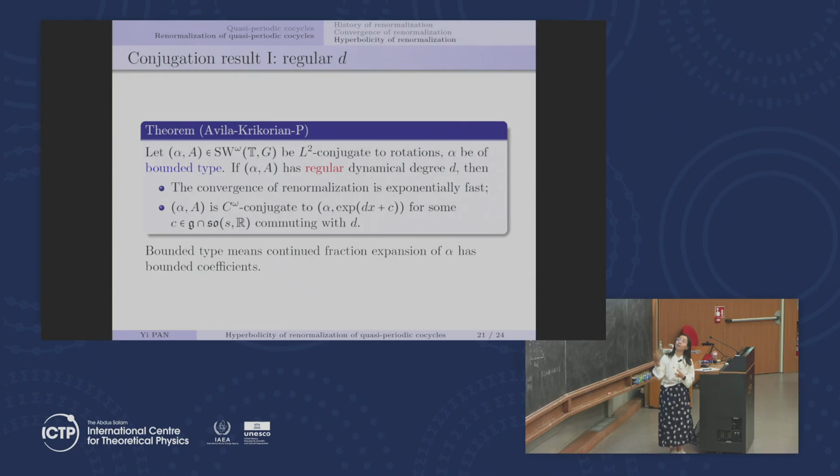Then, as we have seen the very good hyperbolicity regarding regular D, as long as we stay bounded and close to the hyperbolic set, in fact, we have to lie on the stable manifold. We have to lie on the stable manifold, and that provides the convergence of renormalization. And on the stable manifold, with some extra work like the KAM scheme, we can deduce that (alpha, A) is indeed conjugate to the model.